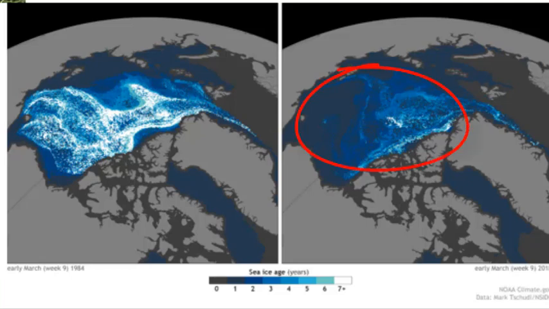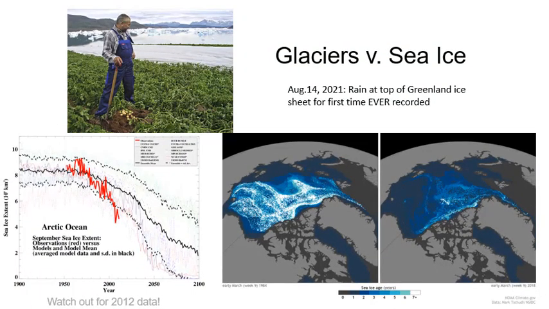If the sea ice melts, though, it exposes the darker ocean, which absorbs the sun's rays and increases temperature in that area.